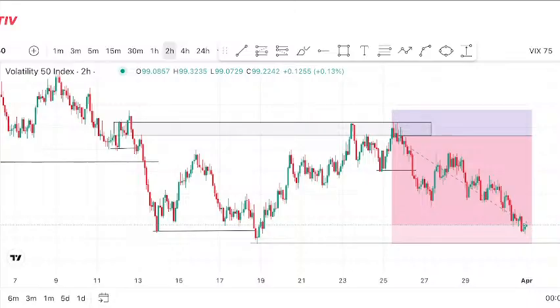I'll also be showing you the kind of asset that respects market structure, doesn't move that fast, and obeys key levels. Those are the kind of assets that you want to be focusing on if you are just joining synthetic indices.